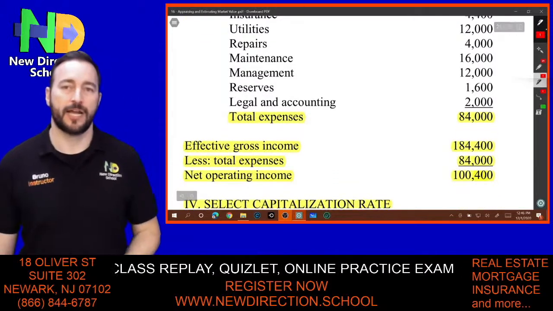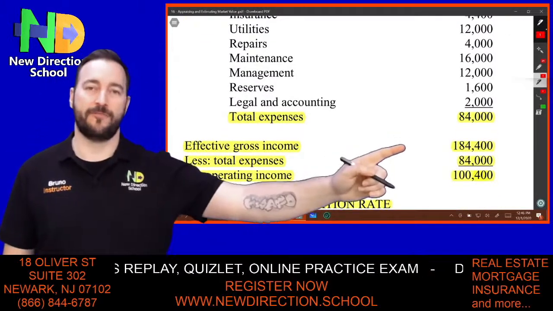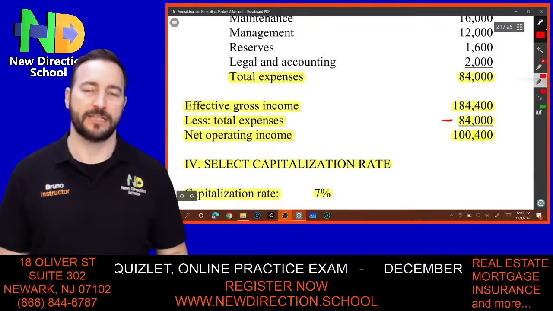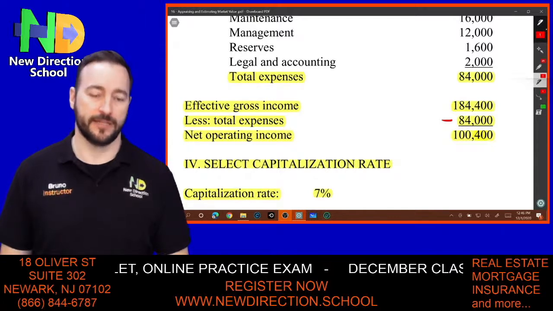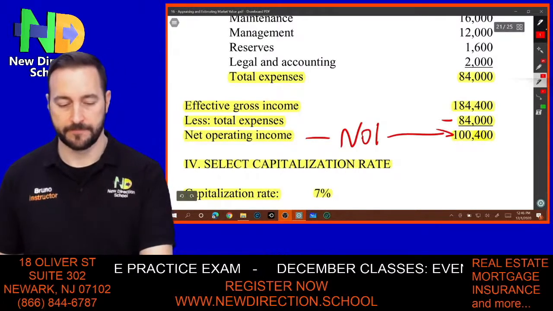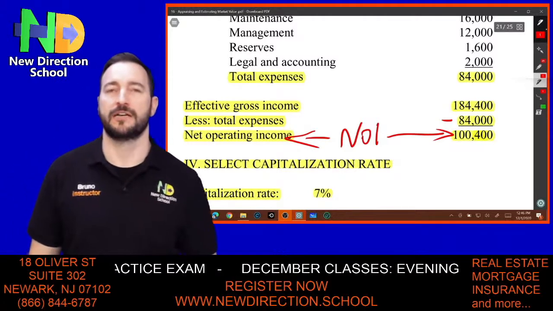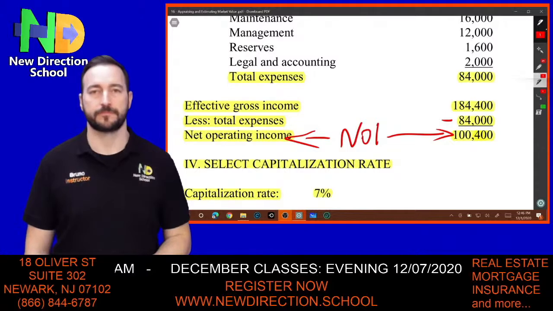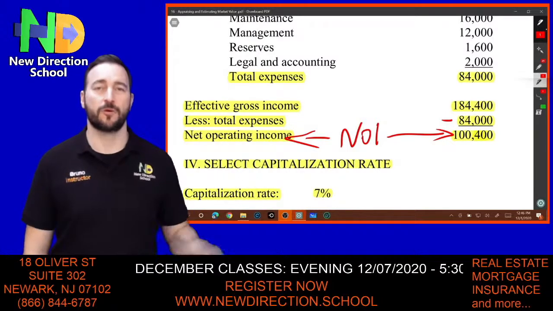So now that we figured that out, it's 184 effective gross income, and we deduct the expenses. How much do we bring in? What is our NOI? 100,400, right? 100,400. That's the net. That's what we bring home.